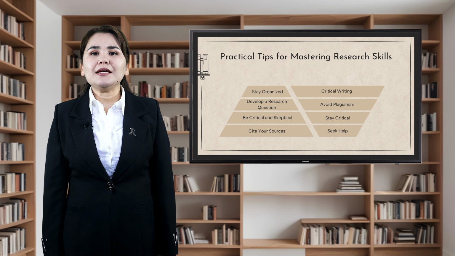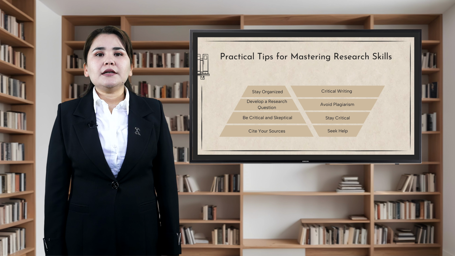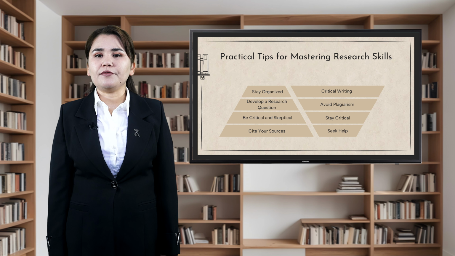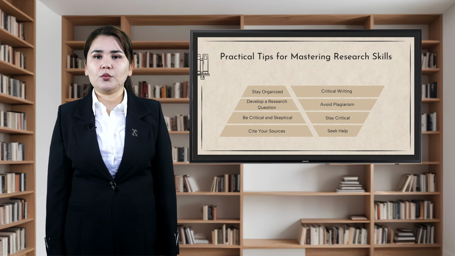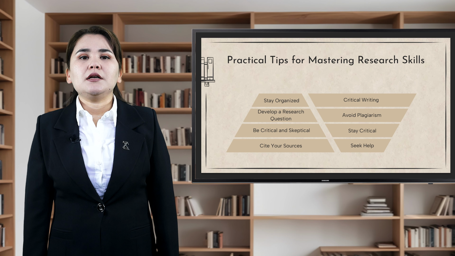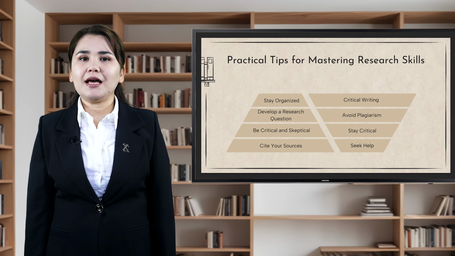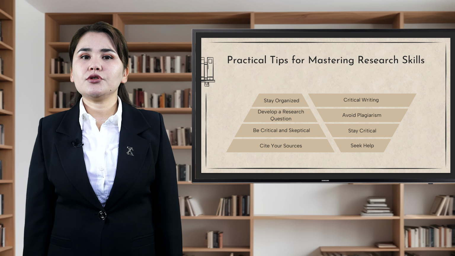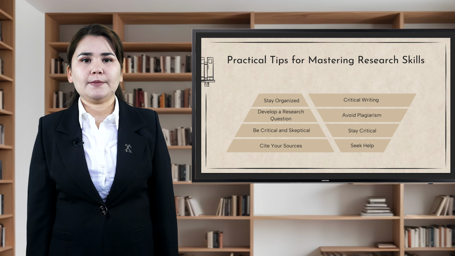You should make sure to follow a consistent citation style. And seeking help. Don't hesitate to ask librarians, professors, or colleagues for assistance in finding or evaluating sources. For staying critical, approach all sources with a critical mindset. Not all information is equally valid, and part of the research involves questioning the validity of evidence.